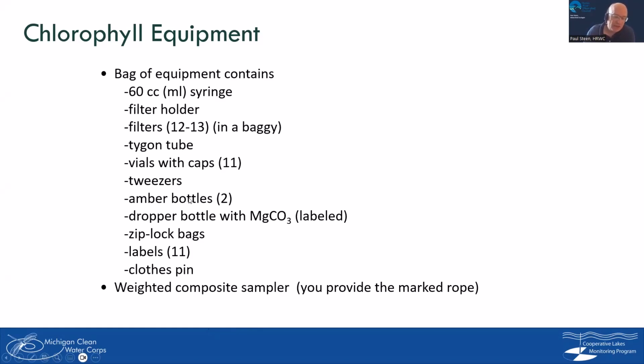There'll be amber bottles that your sample goes into when you are out on the lake. A dropper bottle that is labeled as MgCO3, magnesium carbonate, and that's a chemical we use to stabilize your sample. It will come with Ziploc bags, which you use for your turn-in. It will come with labels that you'll put on your vials and the clothespin.